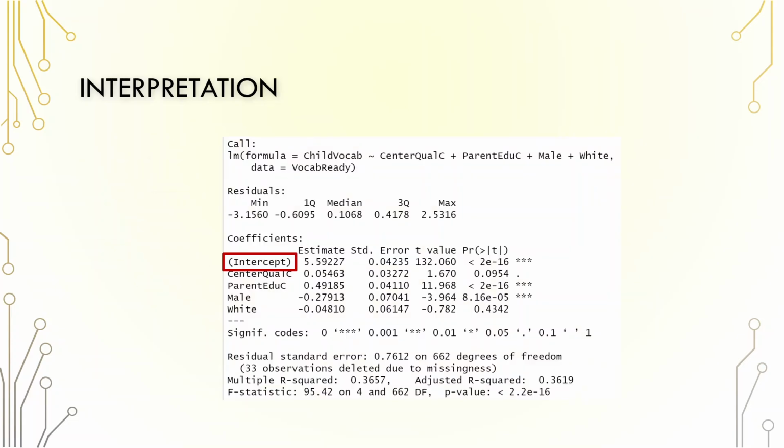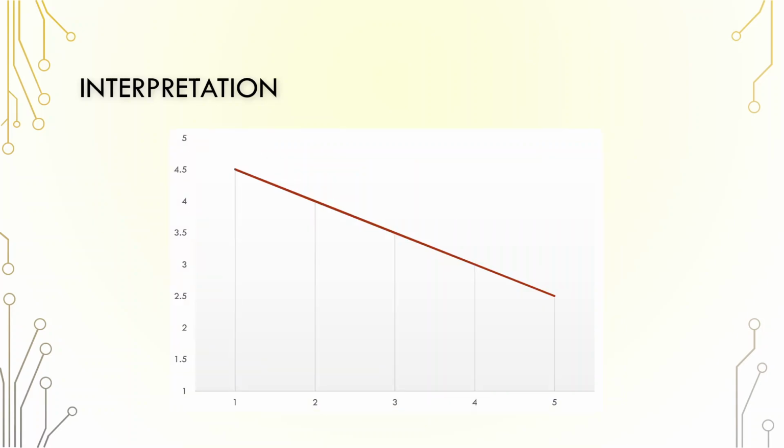So here in our output, we have this estimate for an intercept right here. So this becomes our average on our dependent variable when our x variables are at 0. So explaining this fully, why again do we need to make sure we have a meaningful 0?